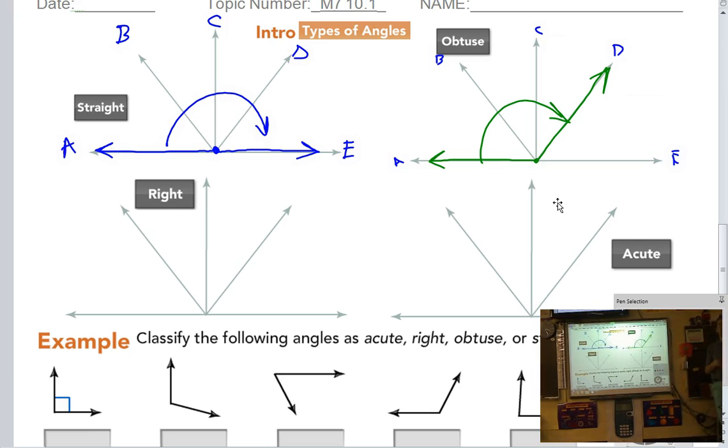Can I draw another one up there? Raise your hand if you want to tell me how to do it. What other rays could I use to make another obtuse angle? B or D?